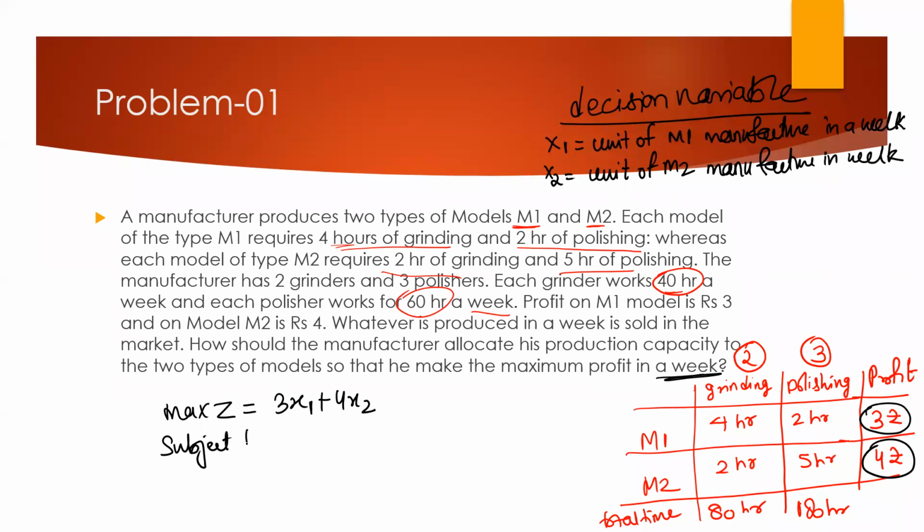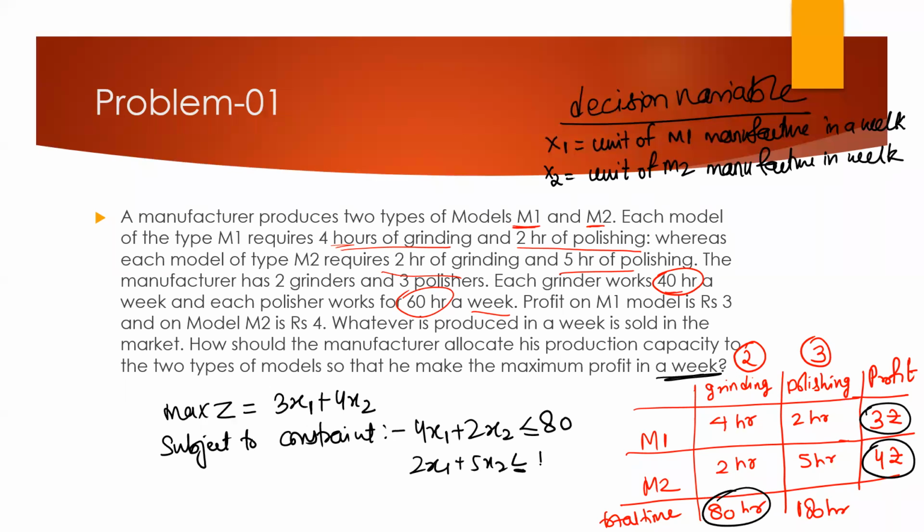You cannot use grinding for more than 80 hours, so you write 4x1 + 2x2 is less than or equal to 80. Similarly, 2x1 + 5x2 is less than or equal to 180. And last, whatever x1 and x2 you manufacture should be greater than or equal to 0.